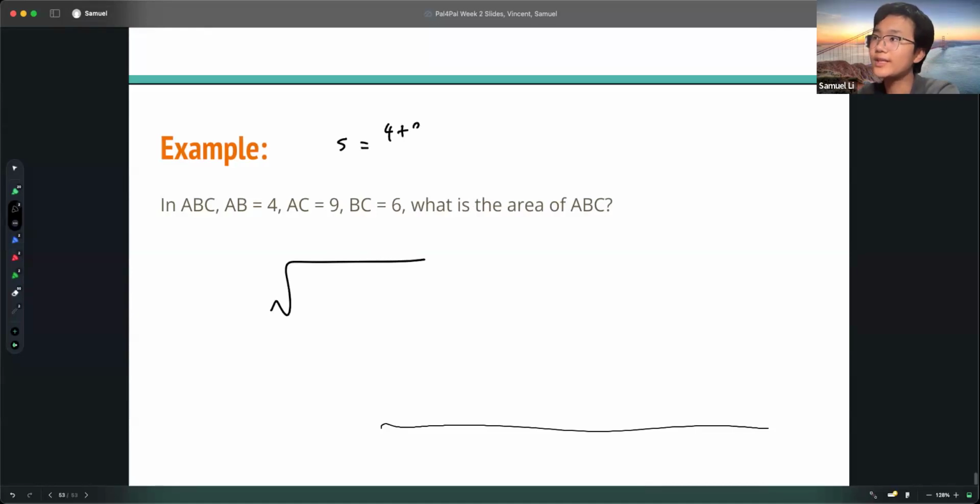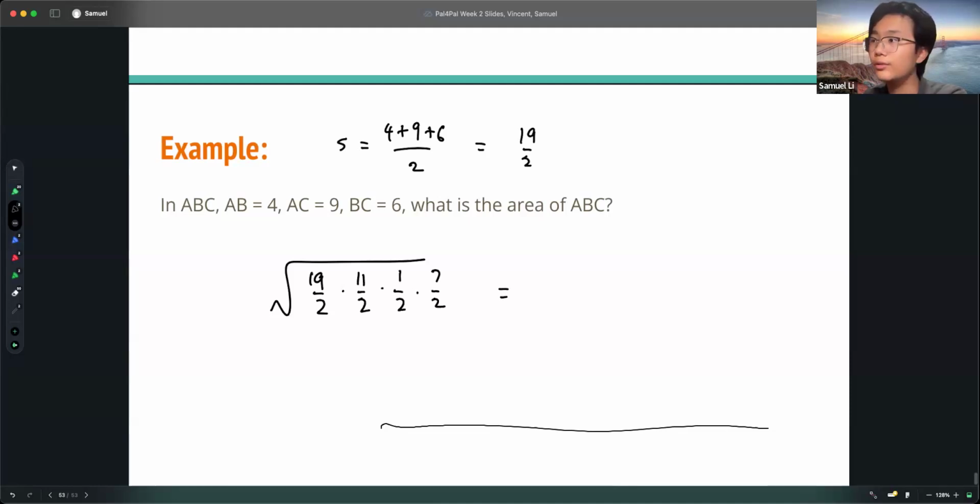This is 4 plus 9 plus 6 over 2, which is equal to 19 over 2. This is not the best looking triangle. So 19 over 2 times that minus 4, which is 11 over 2, times 7 over 2.